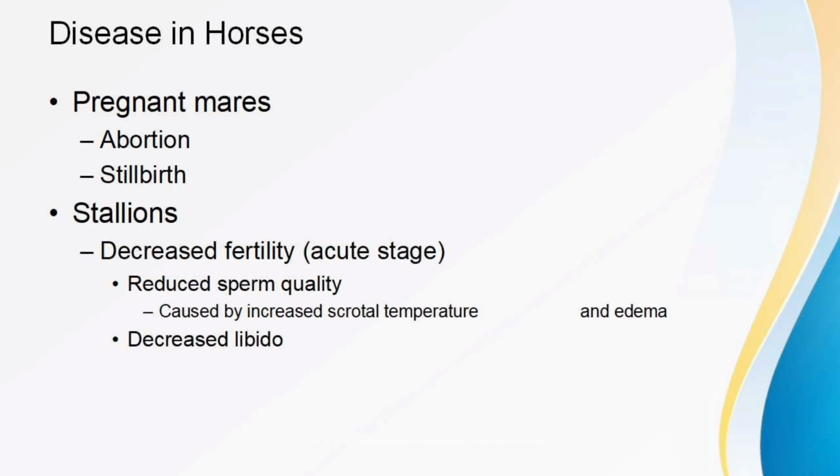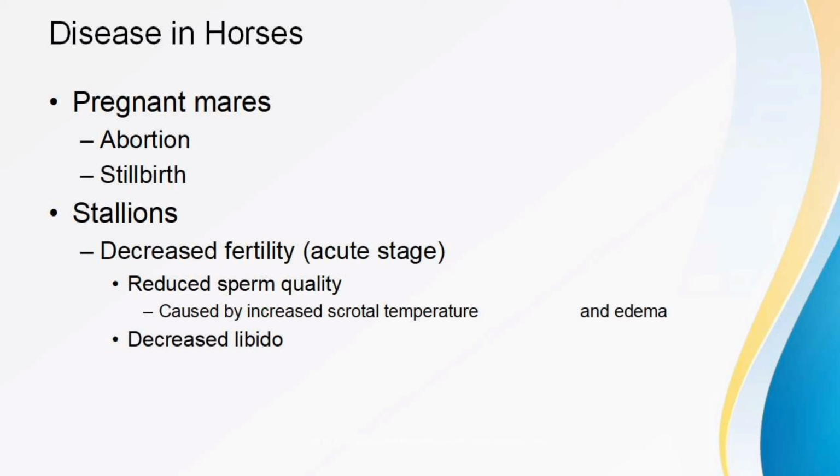Abortions or stillbirths can occur in mares that are pregnant when they are exposed. Abortions are not necessarily preceded by systemic signs. A temporary decrease in fertility, including reduced sperm quality and decreased libido, may be seen in stallions during the acute stage of the disease.